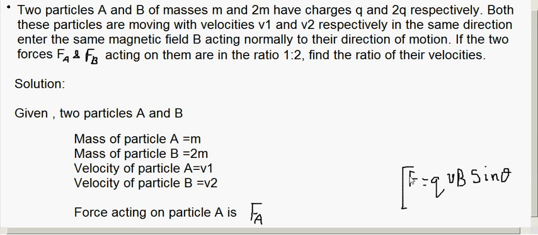In the presence of a magnetic field B, the force acting on a charged particle q moving with the velocity v is given by this. Now let us apply this equation for this particular sum.